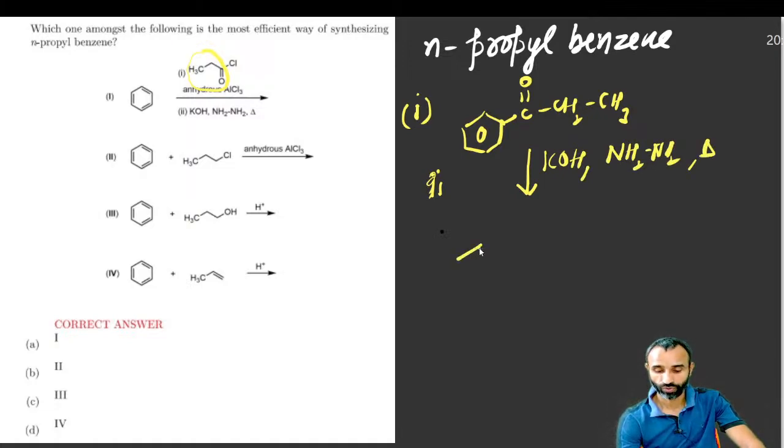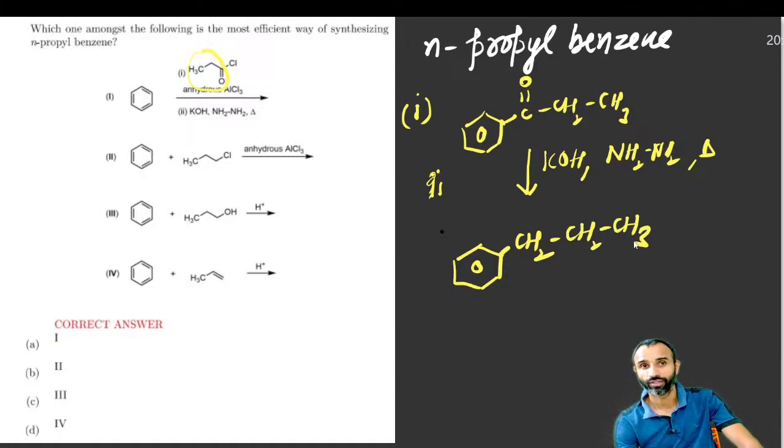In Wolff-Kishner reduction, the CO group is converted into CH2. So we get normal propyl benzene. That means this is the right option.